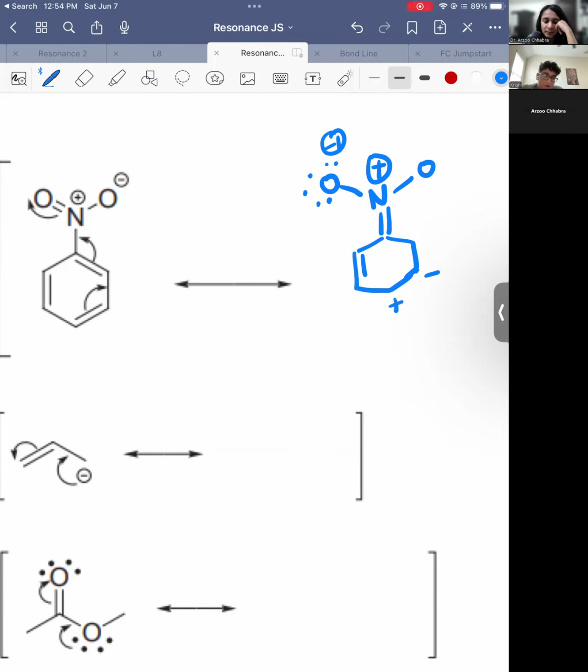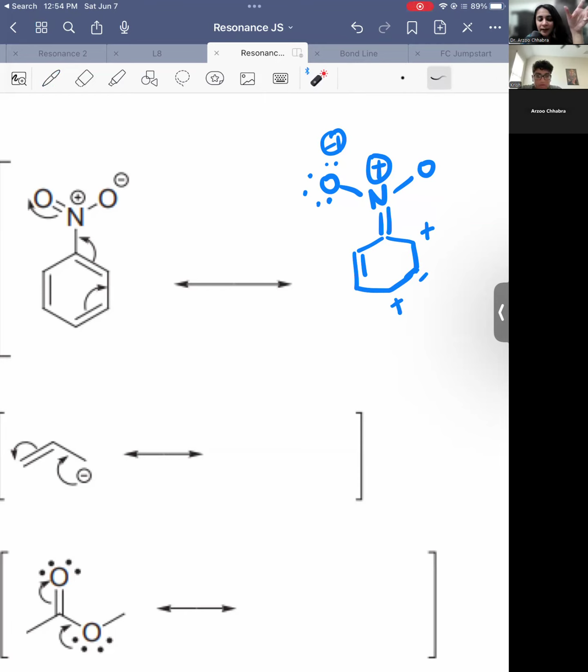What about this carbon? Oh wait, no, that one's positive because it lost the bond. My bad. Okay, so that's positive. And then everything else is negative on the next one, and positive on the bottom.